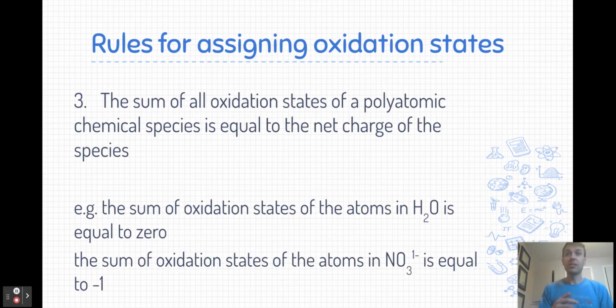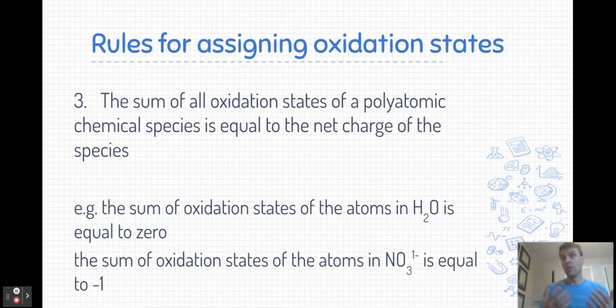Our next rule has to do with the relationship between the individual oxidation states and the charge or lack of charge of a molecule. The sum of all the oxidation states in a compound which has more than one atom is equal to the net charge of that compound.